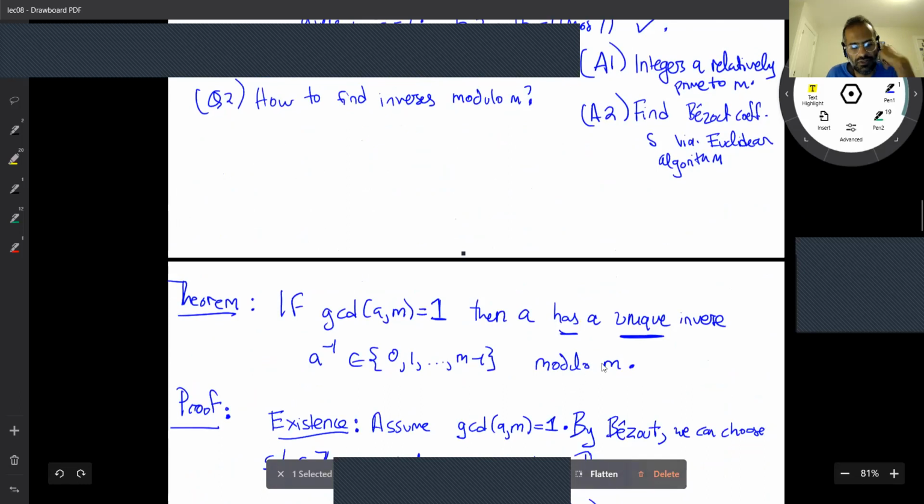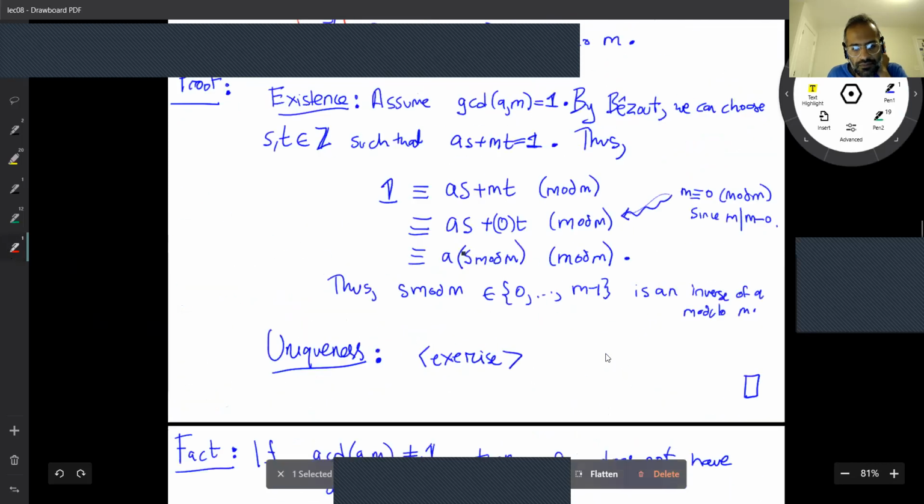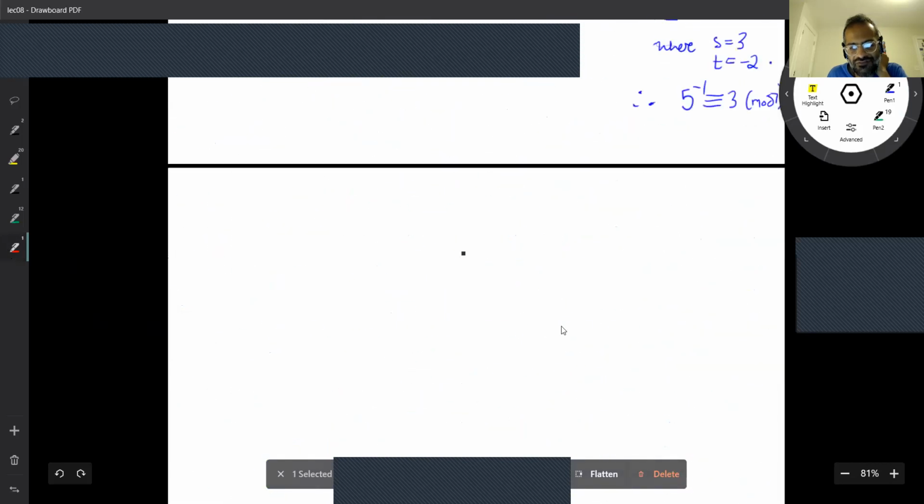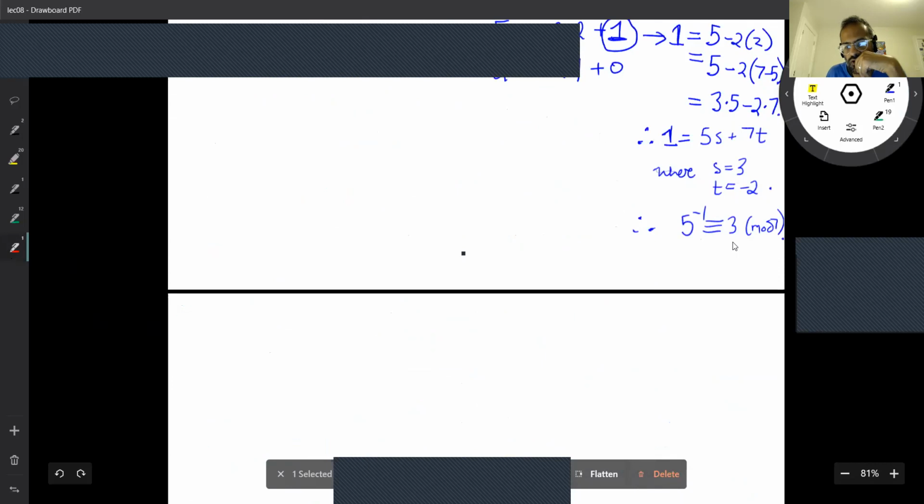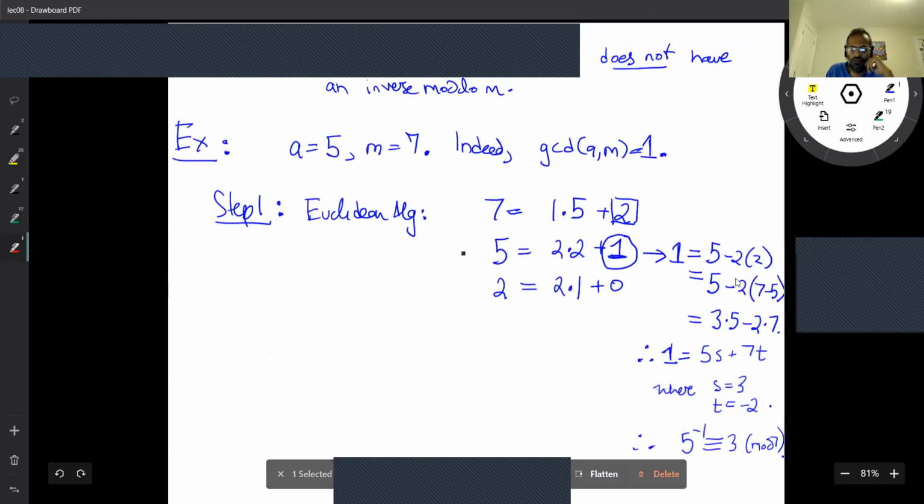So I'm implicitly using this definition, and that's why I've written 5 inverse is congruent to 3 mod 7, because if you multiply 5, it's the same as the answer we got before.